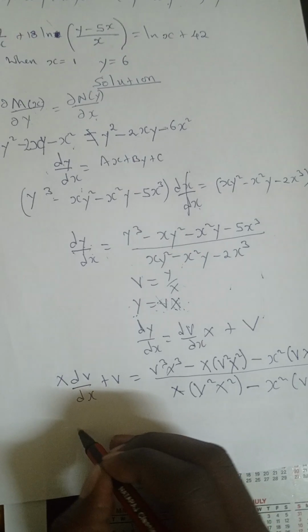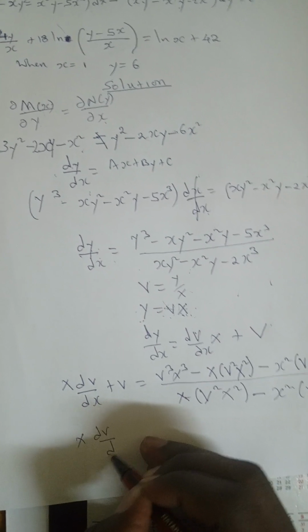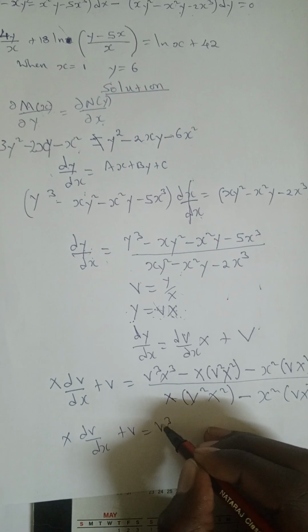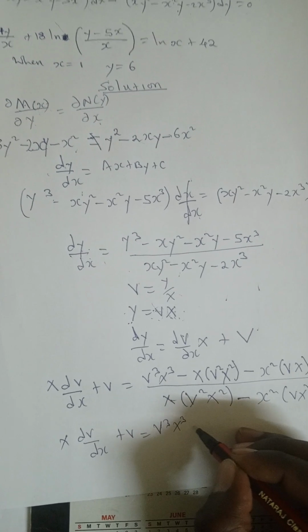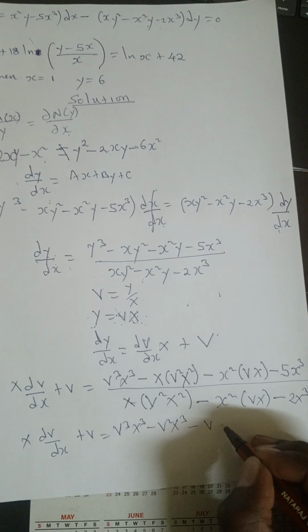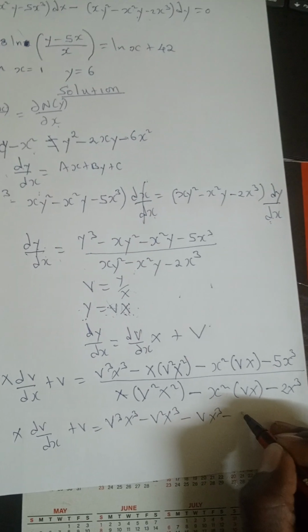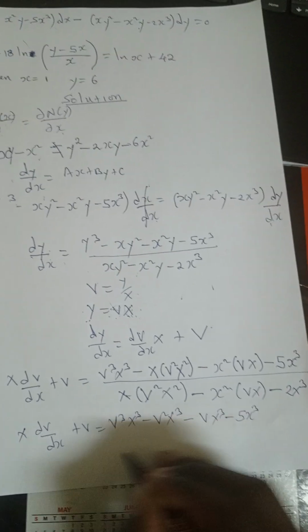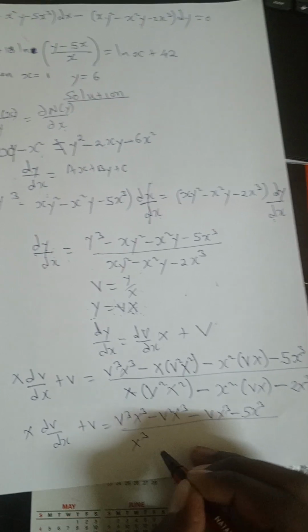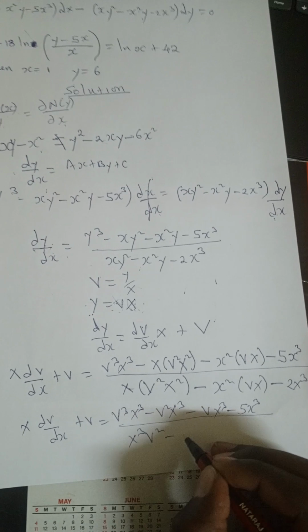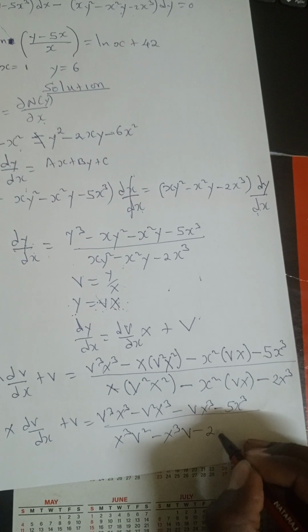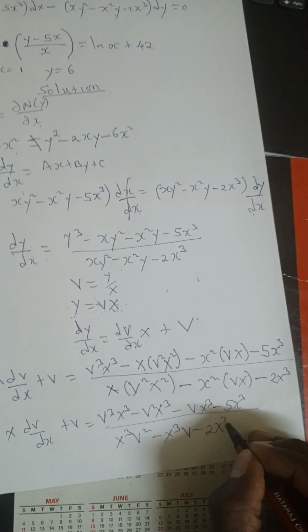So I'm going to write everything the way it is, x dv/dx plus v is equal to v cubed x cubed minus v squared x cubed minus v x cubed minus 5x cubed, all over x cubed v squared minus x cubed v minus 2x cubed.